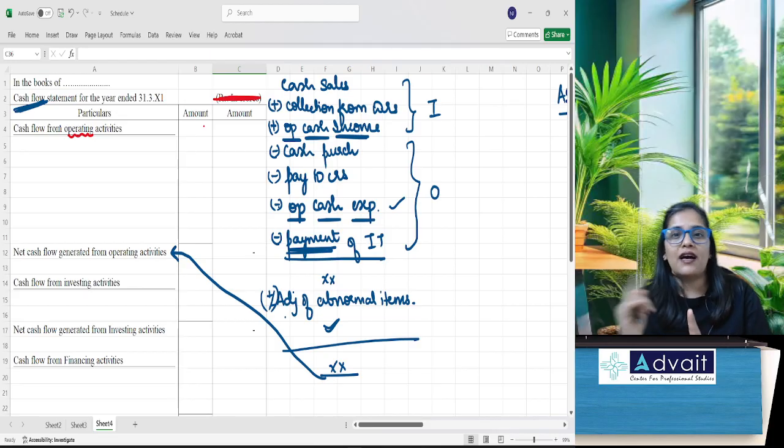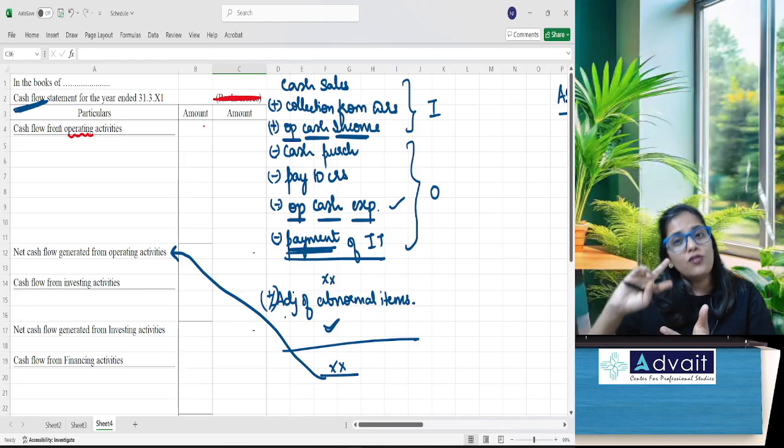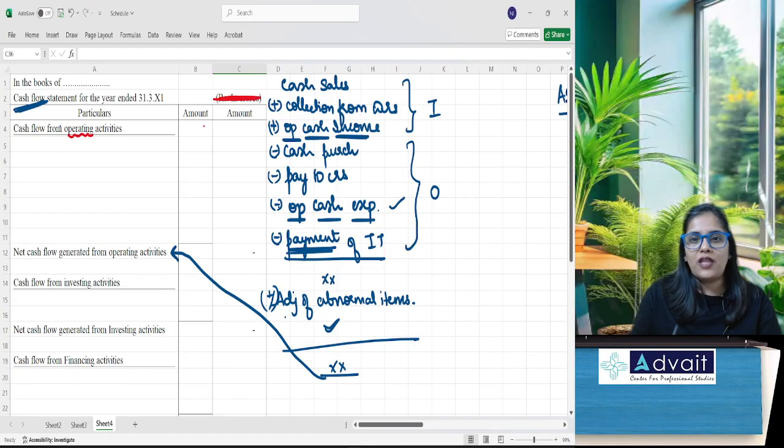That machinery is an asset. It belongs to investing activity. So if you get money for that, it will not come here, it will come under investing activity. So you have to be very careful what it is in relation to. If it is in relation to stock, then operating. But if it is in relation to other assets, then it will come to investing activity. Am I clear till here?